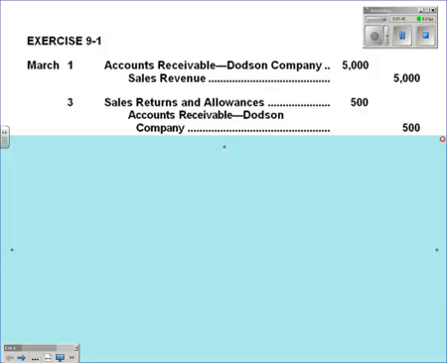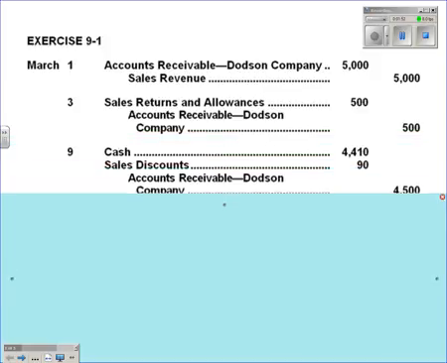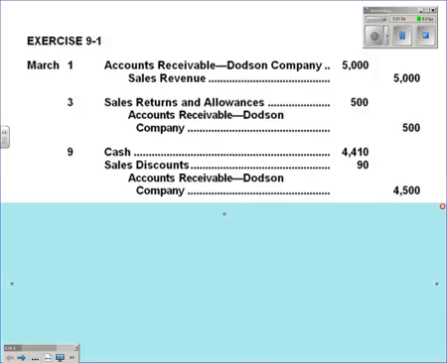Why are we not going to get 5,000 minus 500? They paid within the discount period. So we're going to have cash plus our sales discount of $90 to equal the $4,500 credit. Why is it 4,500, not 5,000? They return junky stuff. Okay, so those three transactions we've been doing throughout our year.